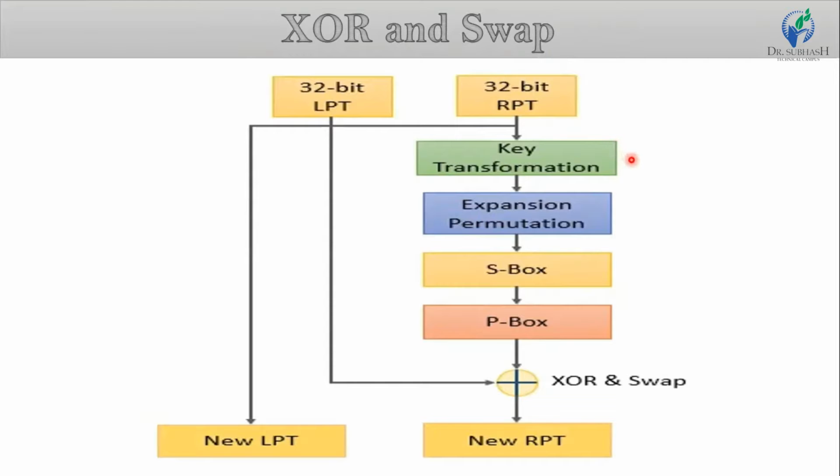In this step, the 32-bit LPT of the initial 64-bit plain text is XORed with the output of the P box permutation. The result of the XOR is the new RPT for the next round, and the old RPT is swapped with LPT.